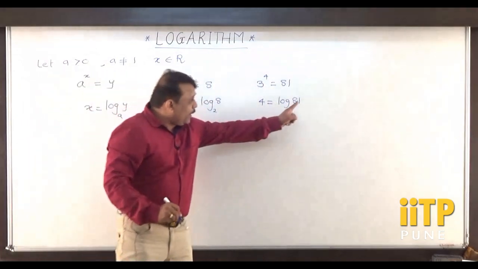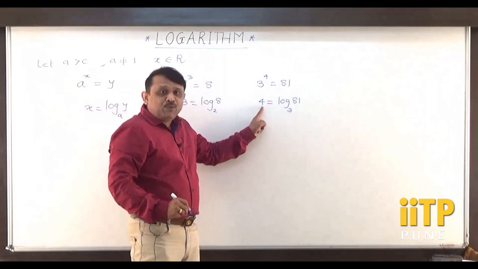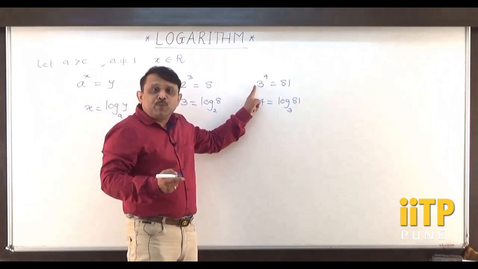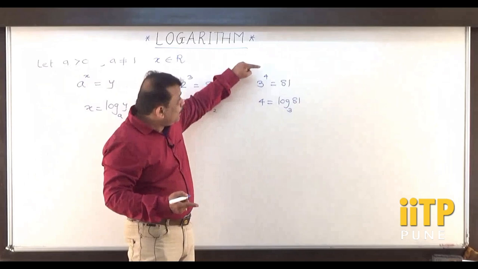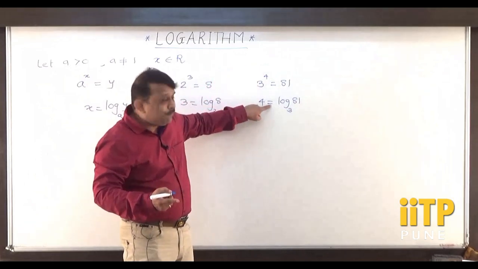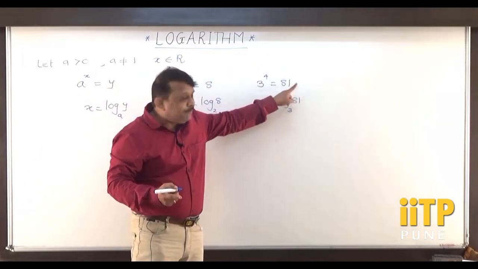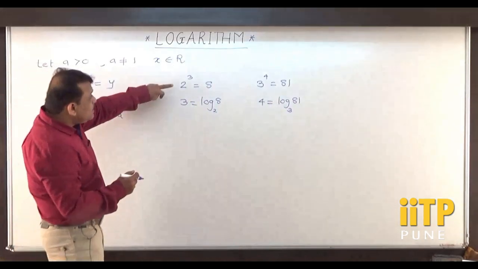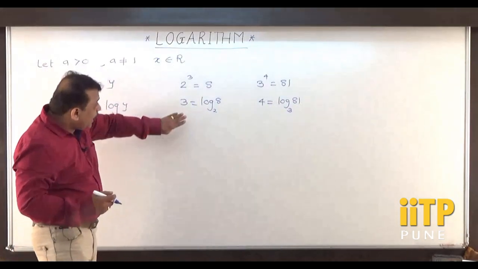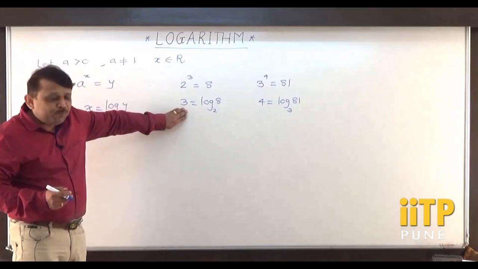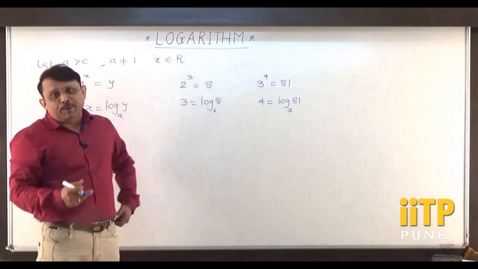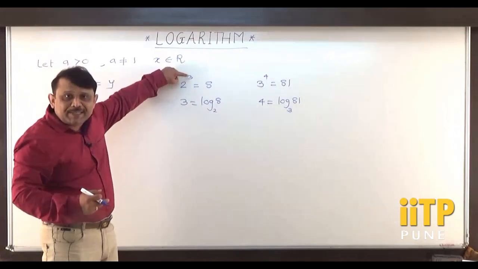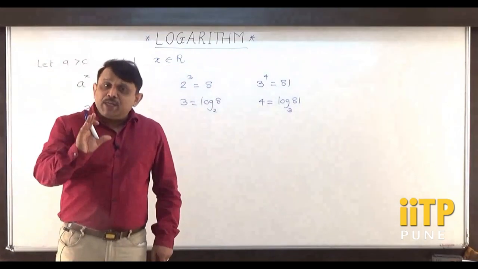So log of 81 to the base 3 is 4, obtained from the exponential form by writing power of 3 is equal to log of opposite side 81 to the base what? 3. Now I said that this is the exponential form and this is what? The logarithmic form. Moment you see log is there, it is a logarithmic form, and moment you see the power is there, you can say it is an exponential form.